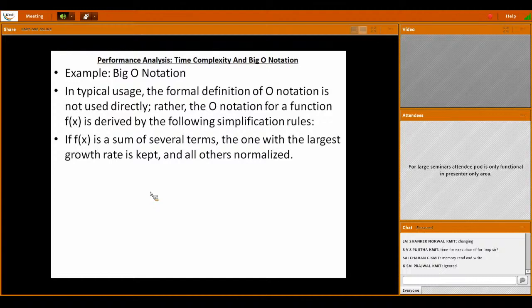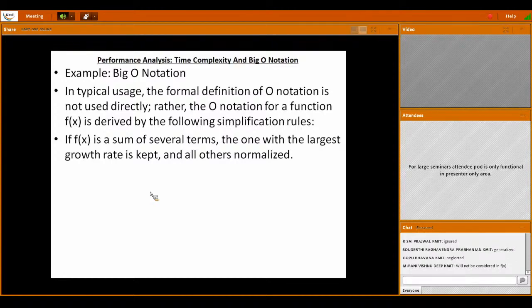Okay. Anybody else? What do you understand by this? Others are normalized. Raghavendra, generalized. Neglected.